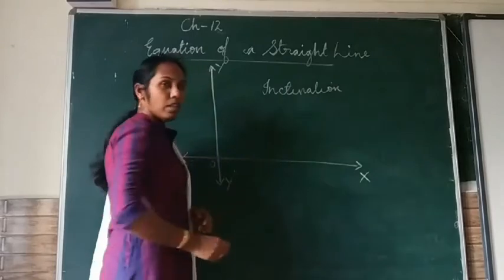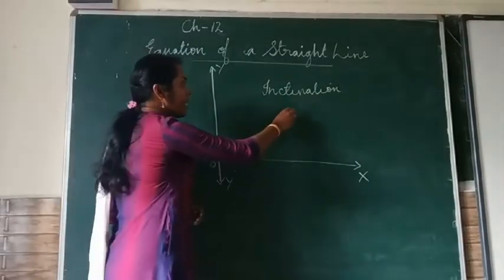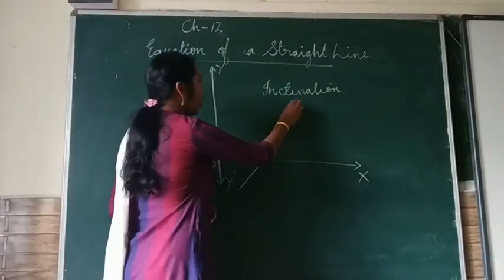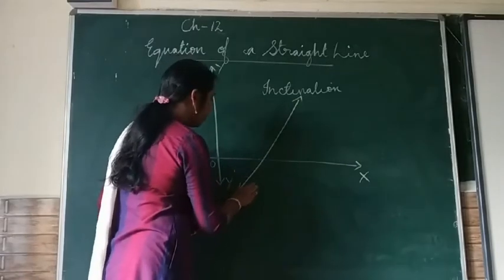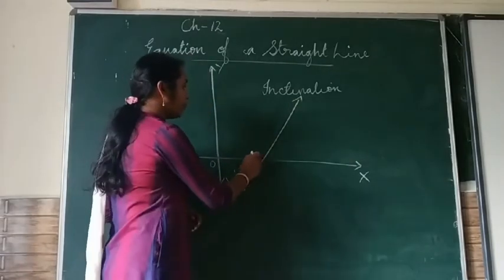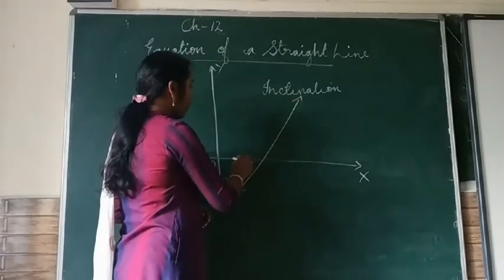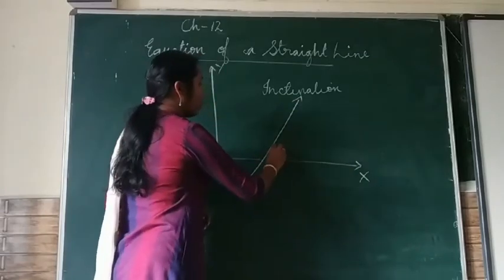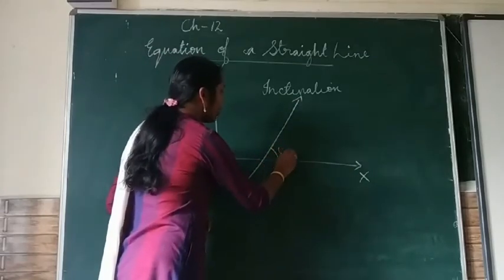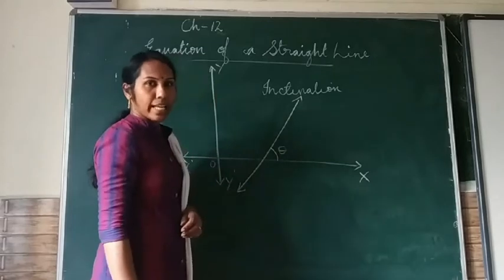Inclination of a straight line. Consider a straight line in the coordinate plane. This line meets x-axis with an angle theta to the positive direction of the x-axis.